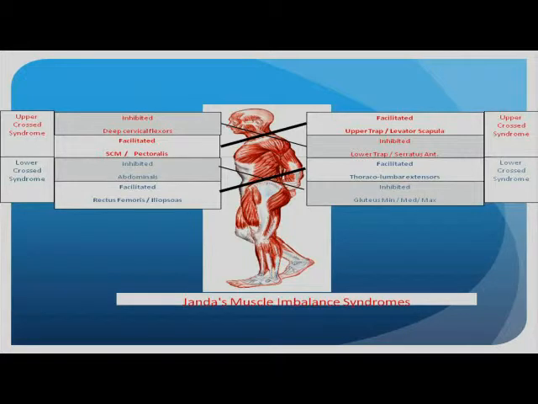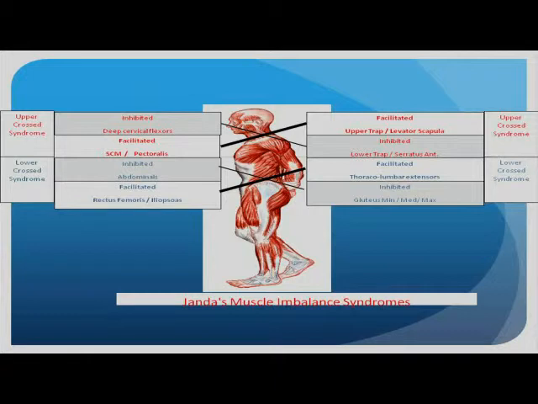In the upper cross syndrome, the facilitated or hypertonic muscles are the sternocleidomastoid and pectoralis, pulling those shoulders forward and getting that head pulled out into a forward position. And posteriorly, the upper trapezius and levator scapulae become the facilitated muscles.